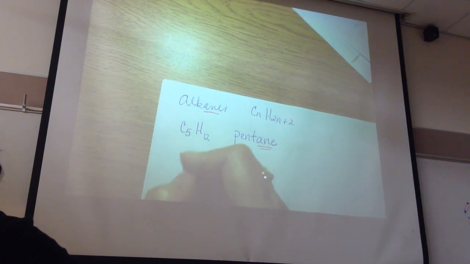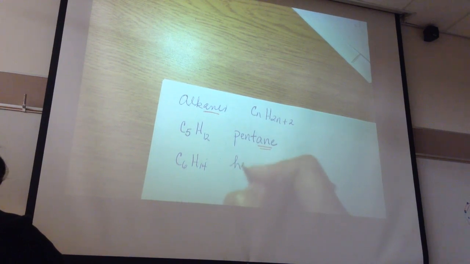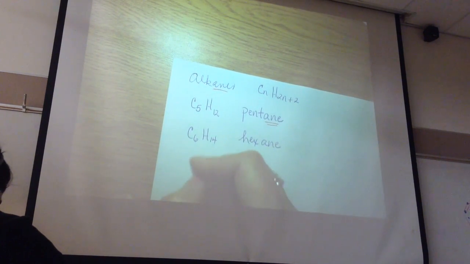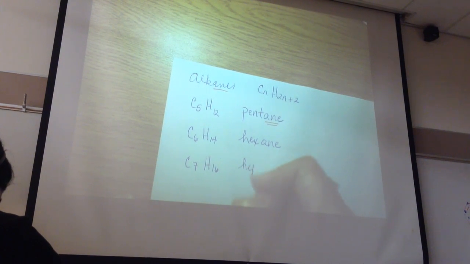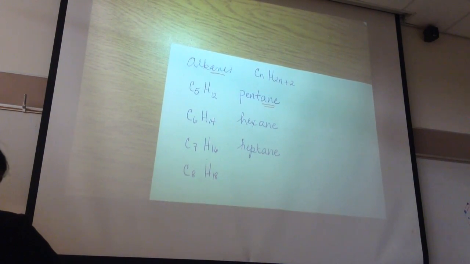We have C6H14. This is a hexane. We have C7H16. This is a heptane. We have C8H18, right?